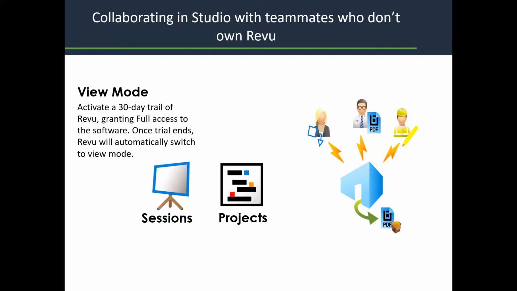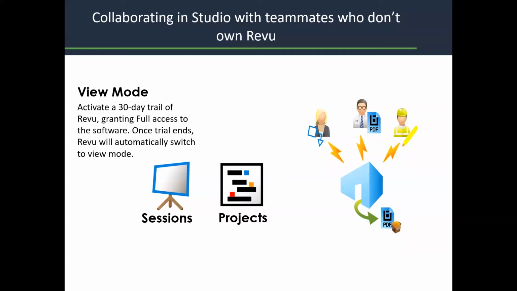Now let's talk about Studio projects. When using view mode to access a project, the PDF files in the project can only be viewed. Markups are restricted. However, if there is a PDF document in the project that you need to add markups to, you can ask the project owner, the person who invited you to the project, to add the PDF to a session, and now you can actually mark up the session.